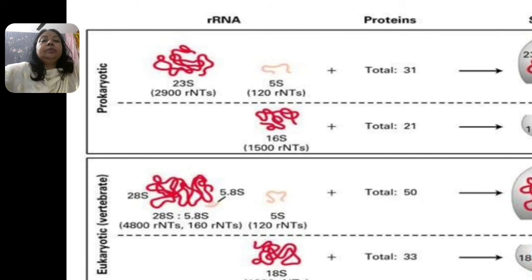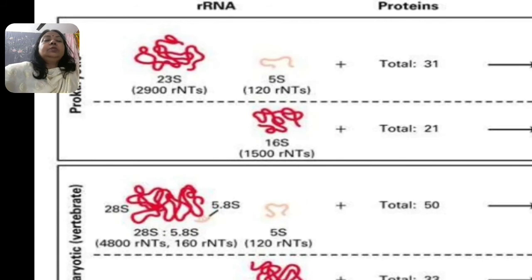You can see here in the prokaryotes, mostly the 23S subunit of the ribosomal RNA is present, and it contains about 2900 nucleotide bases. So in 23S ribosomal RNA, they are about 2900 to 2904 nucleotides long, and in the 5S there are only 120 ribonucleotides.